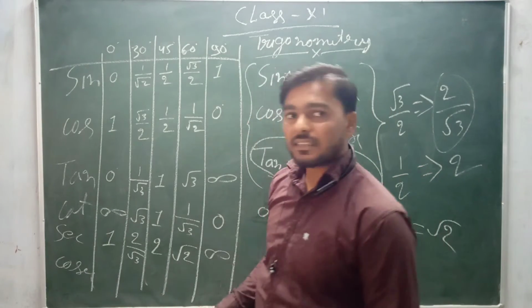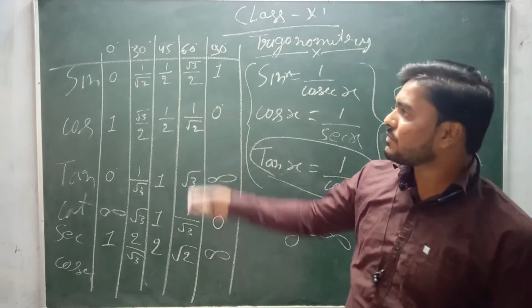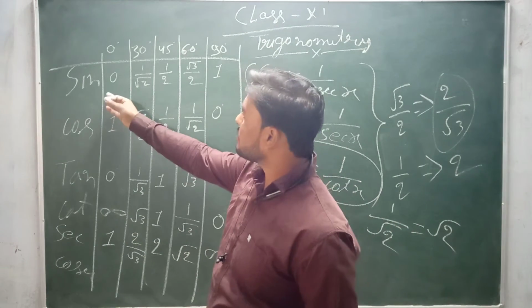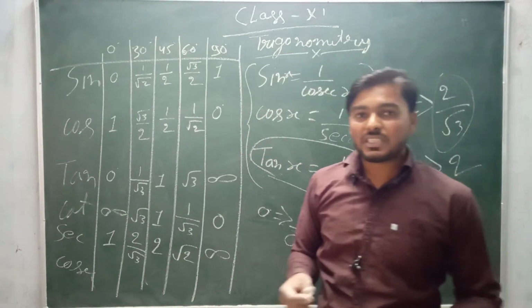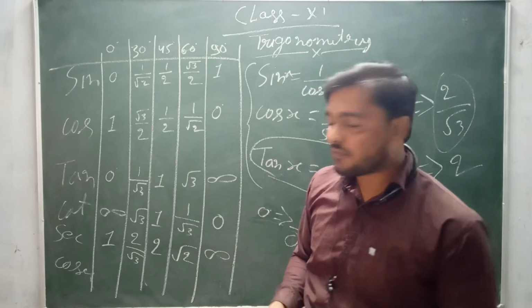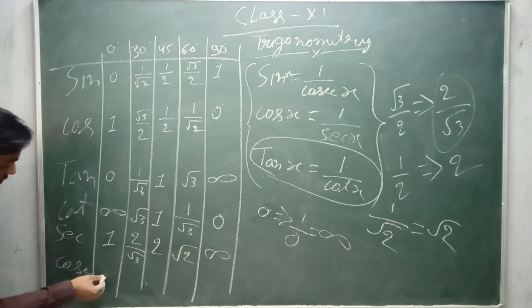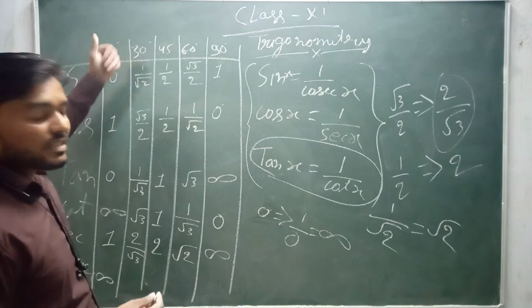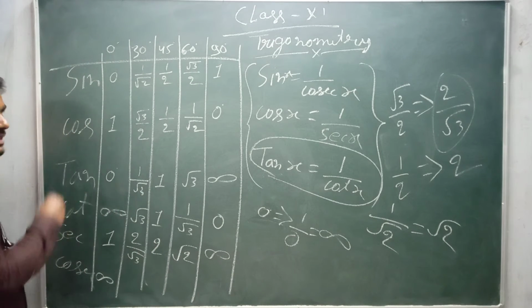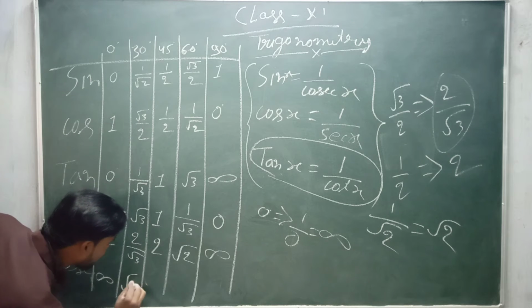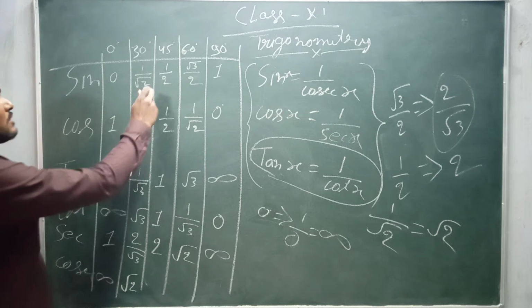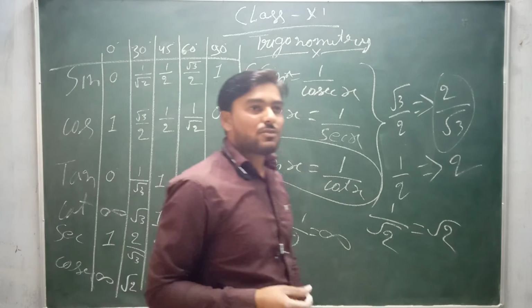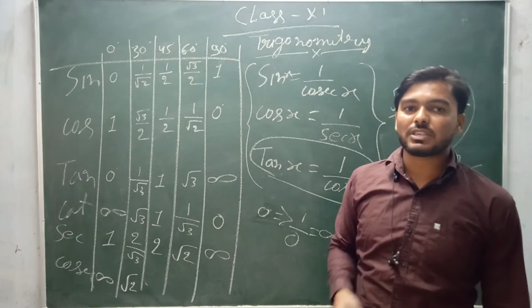So we can write cosec values directly from the sine values. Now sin 0 is equal to 0. The reciprocal of 0 will be infinite. Sin 30 is 1 by 2, so for cosec 30 we reciprocate it and it will be 2. Now sin 45 is 1 by root 2, and with the reciprocation it will be root 2.